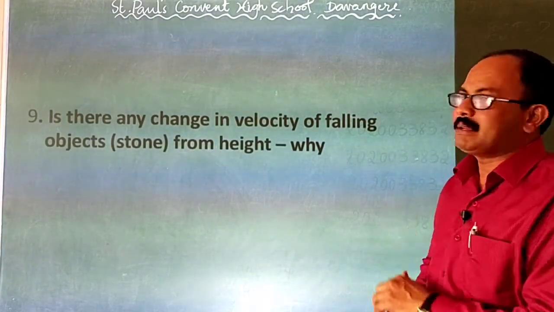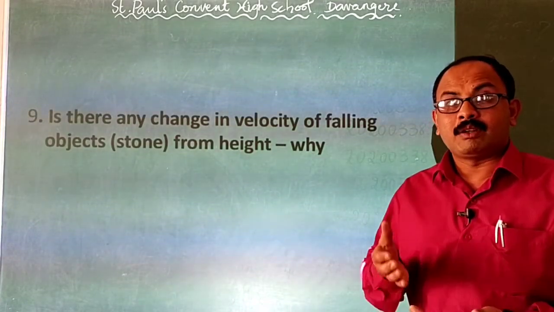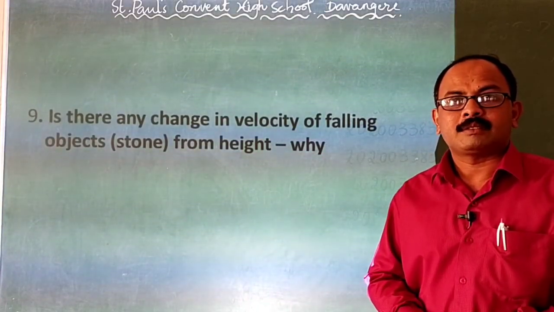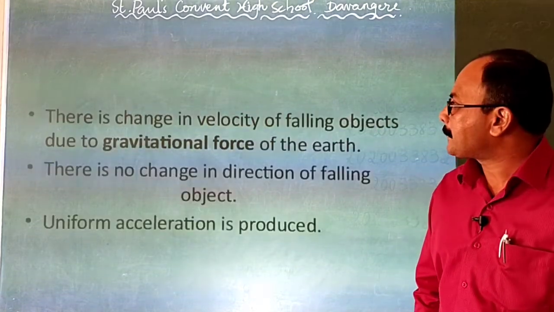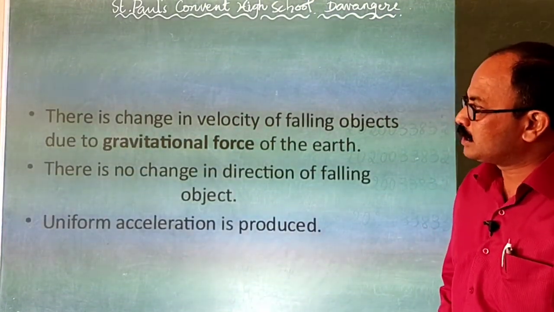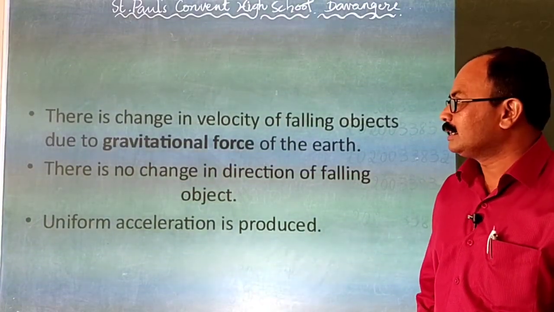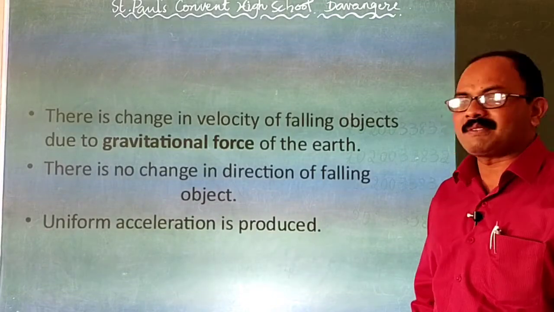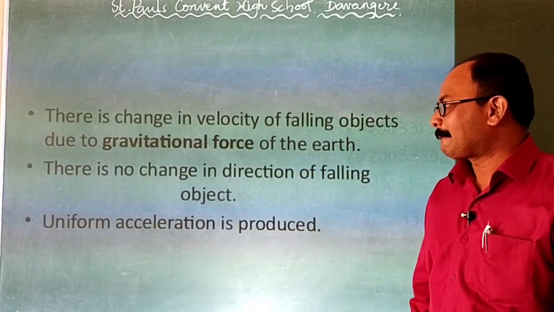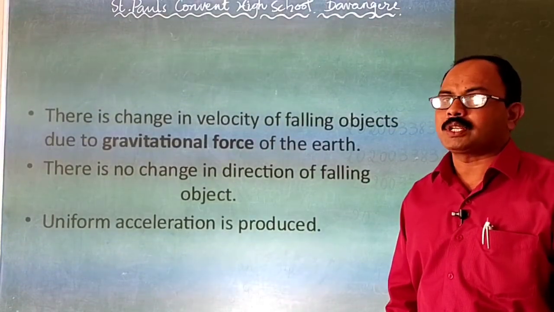The same thing happens when an object is dropped from a height, velocity increases. There is a change in the velocity of the falling object due to the gravitational force of the earth. There is no change in the direction of the falling object. So, uniform acceleration is produced in the object.